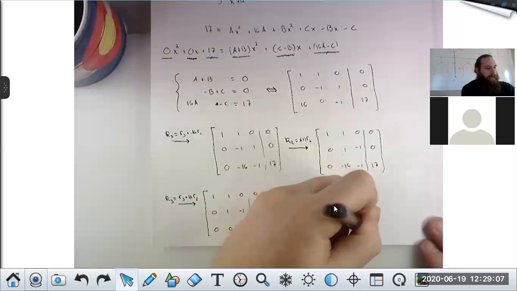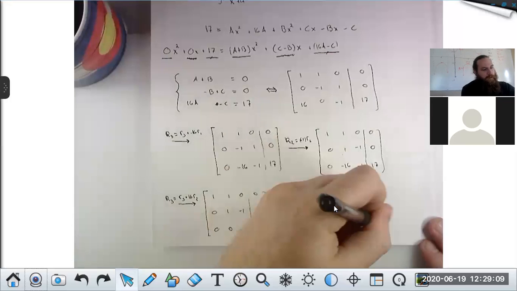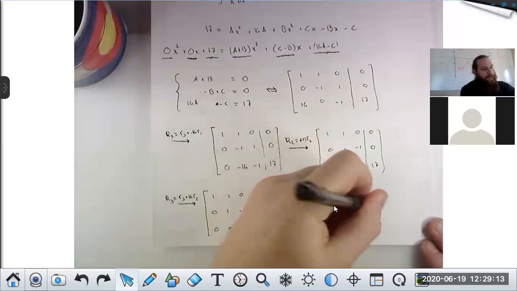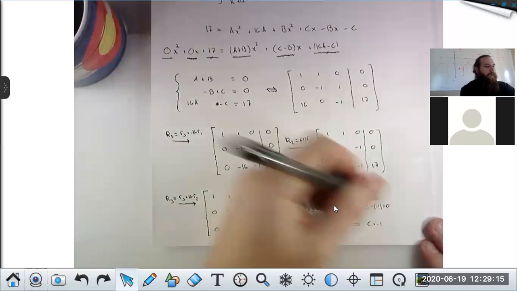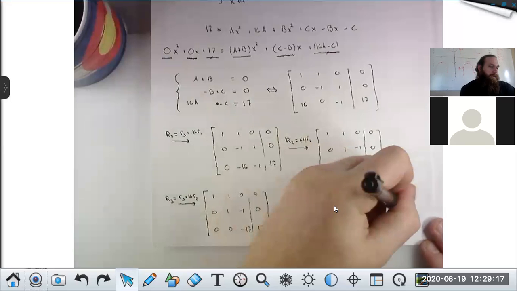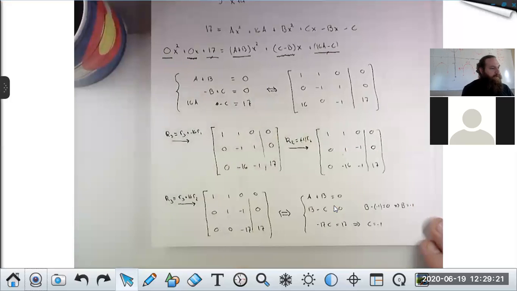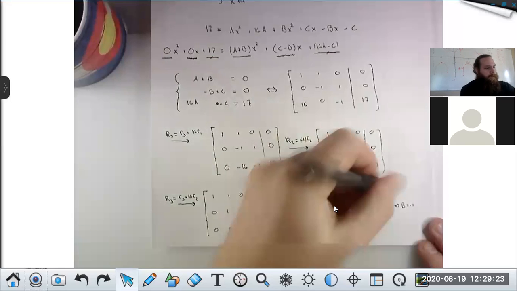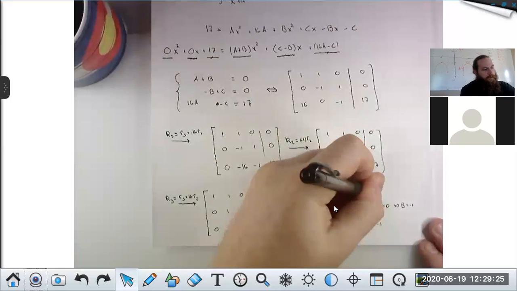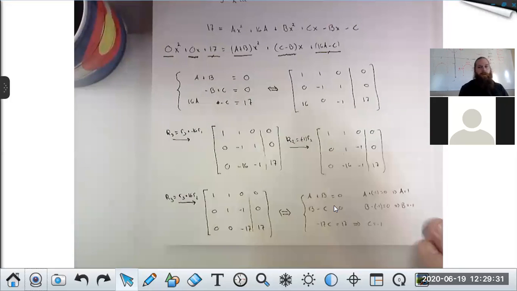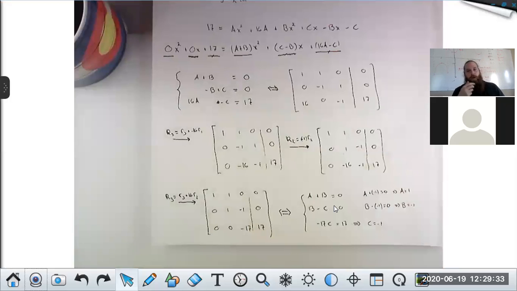So this equation tells me that C is negative 1. And then I back substitute that here. So B minus negative 1 equals 0. So B is negative 1. And then finally, A plus B equals 0. So A plus negative 1 equals 0. So A is positive 1. This is the long way to do it, right?